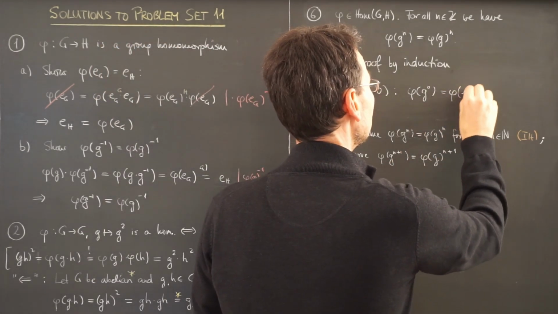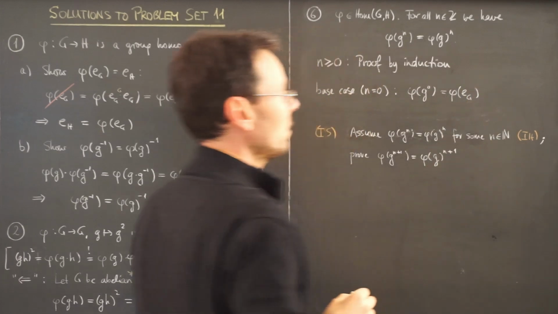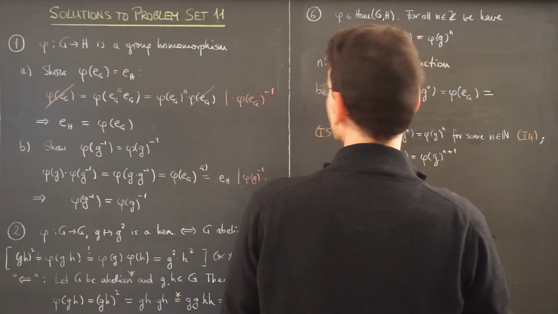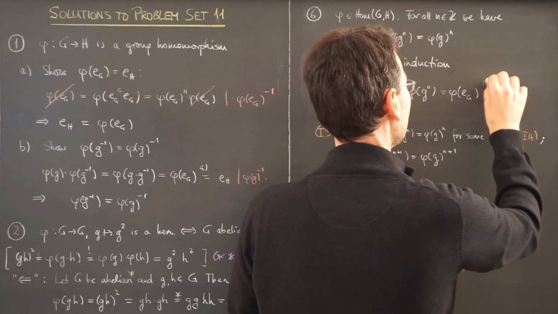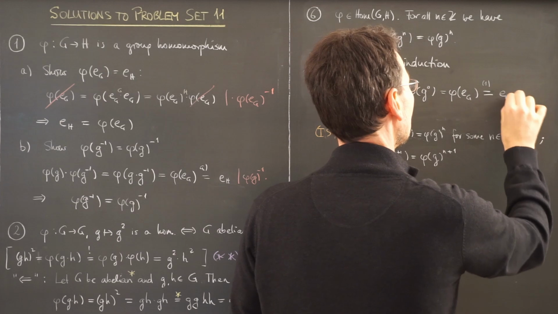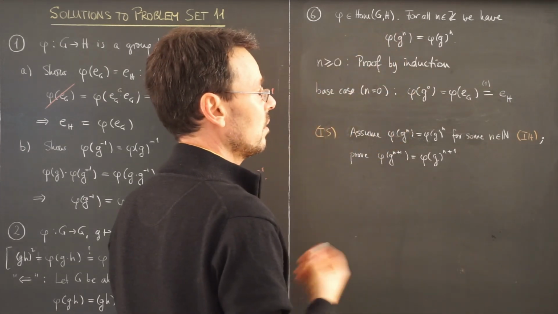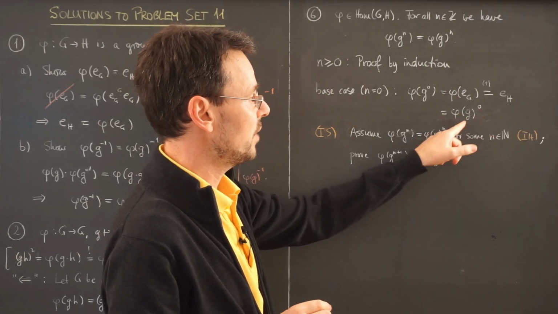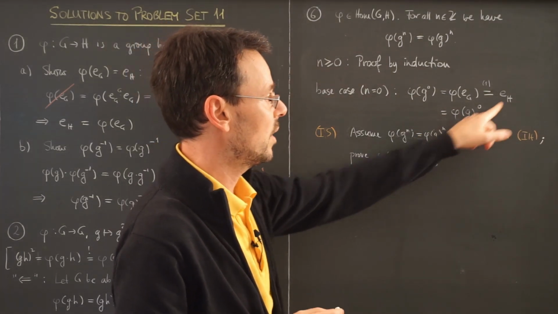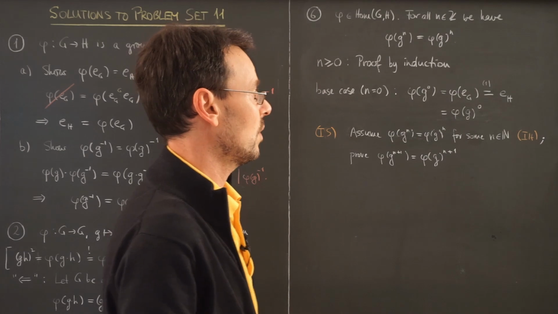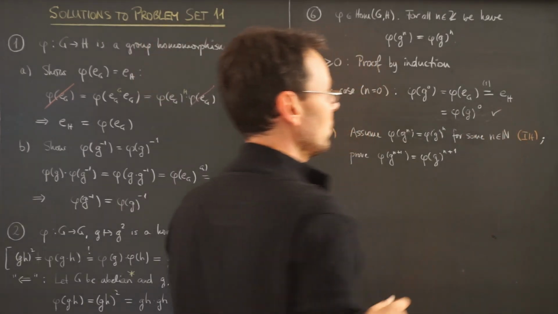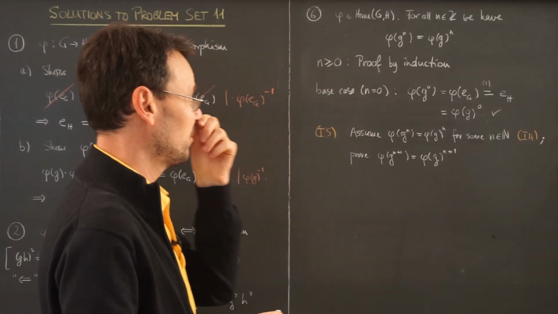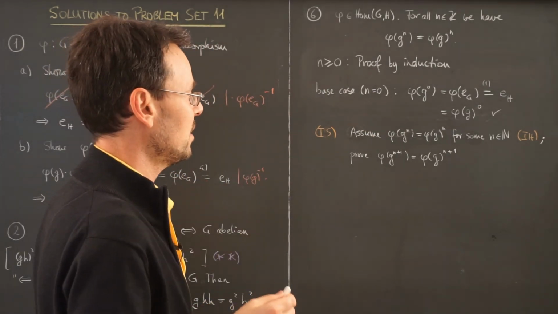This is by definition the neutral element of G. And now using exercise 1, we know that this here is the neutral element of H. But by definition, if I raise any element of H to the 0th power, I end up with the neutral element of H. So this is true. But we used one fact that we proved before. All right, that settles the base case.